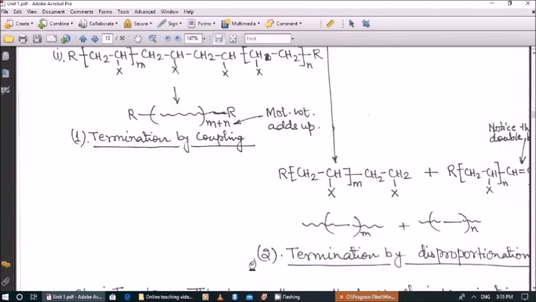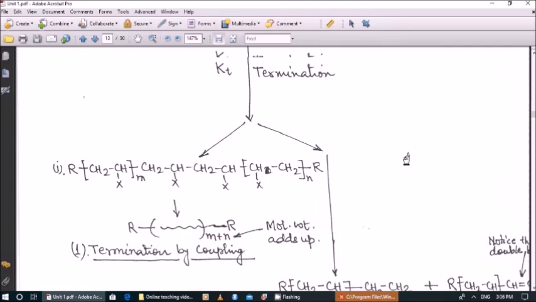The second possibility is that the first chain and the second chain may exchange a hydrogen atom and both of them become dead polymer. You can see here there is a dot, which means the free radical site is there. If this one gets one more hydrogen, then it will become satisfied.